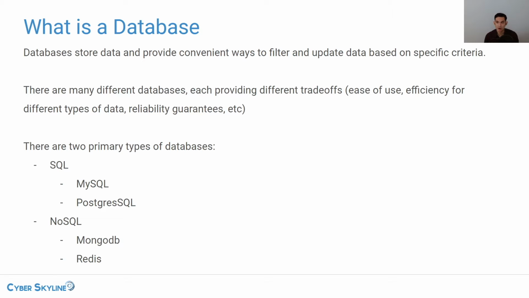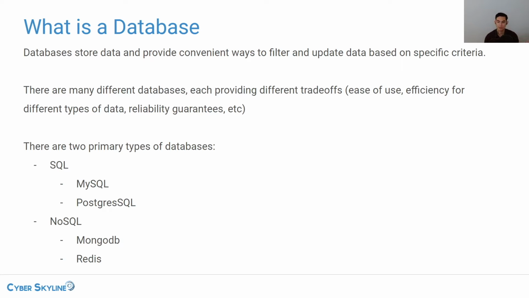For example, some databases are much better at storing time data, some much better at storing geographic data like GPS coordinates, being able to run queries like, tell me how many other items are within this distance from a specific GPS coordinate. Those types of queries might be more efficient with specific databases, and that's why they have different databases.